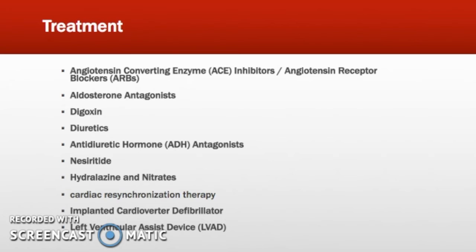Aldosterone antagonists are potassium-sparing diuretics which block the action of aldosterone, inhibiting the reabsorption of sodium and water. Normally, when sodium is reabsorbed, it is exchanged with potassium, which is then excreted. Because aldosterone inhibition decreases sodium reabsorption, it also decreases potassium excretion, resulting in higher serum potassium levels.